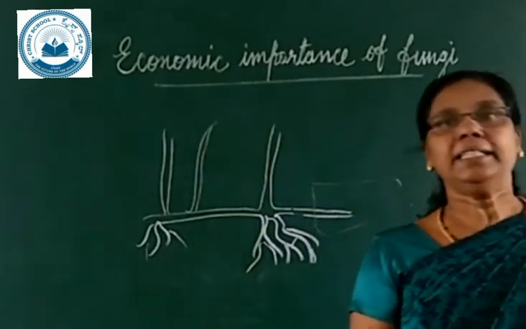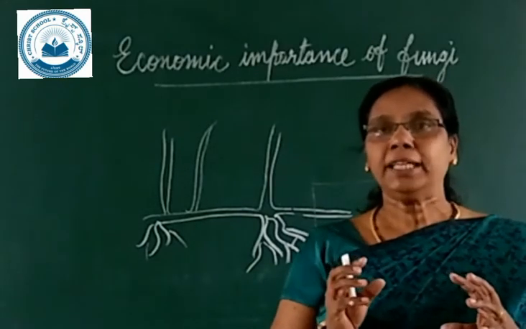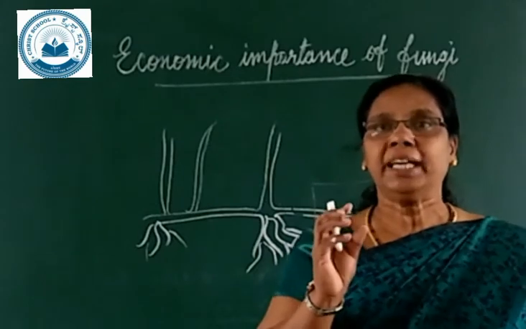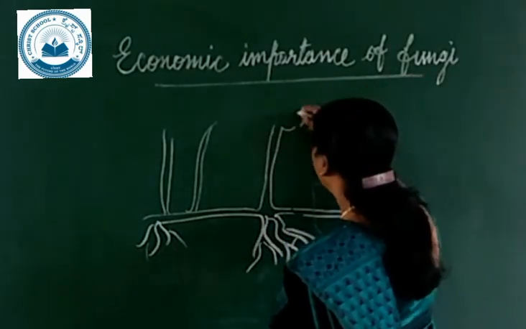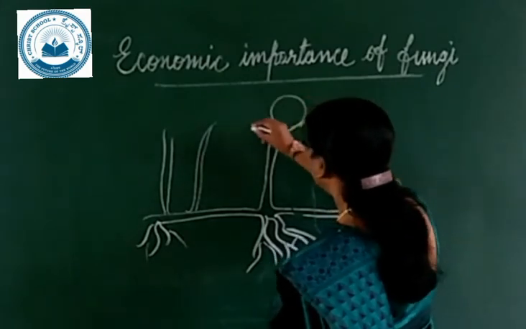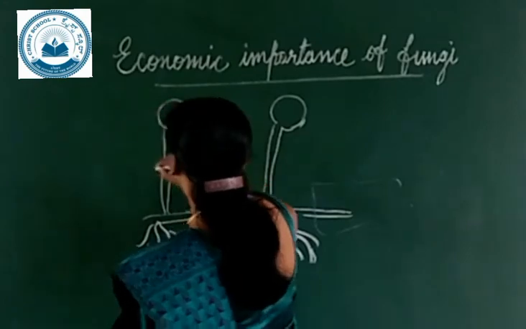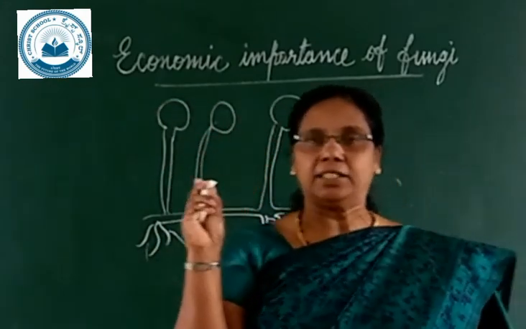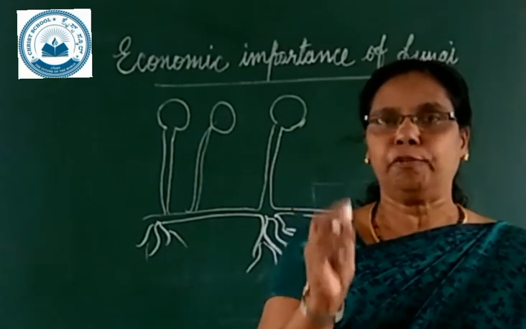At the end region it becomes swollen, and that structure is called the sporangium. So this is the erect structure, and at the tip the sporangium is formed.